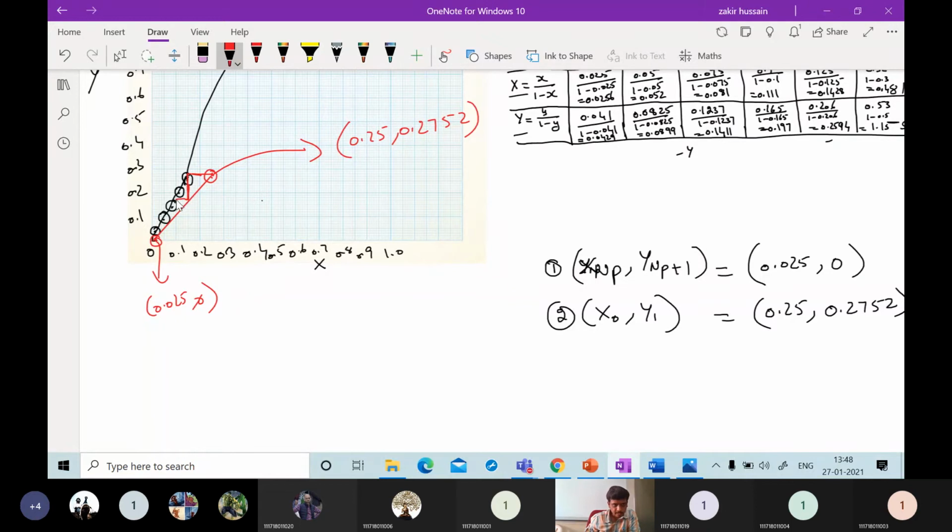Then once again the vertical line, then horizontal line, vertical line, then horizontal line, vertical line, horizontal line, then vertical line, horizontal line. So we have to count the triangles: 1, 2, 3, 4, and this last one is 5.